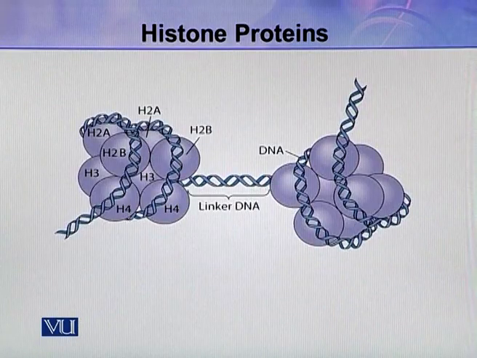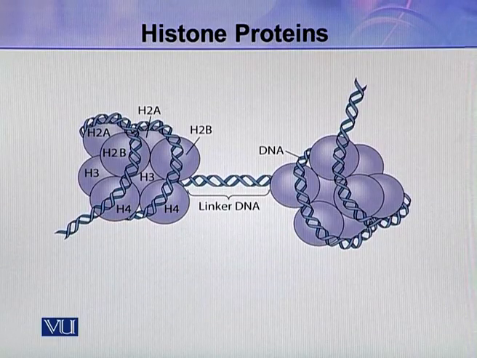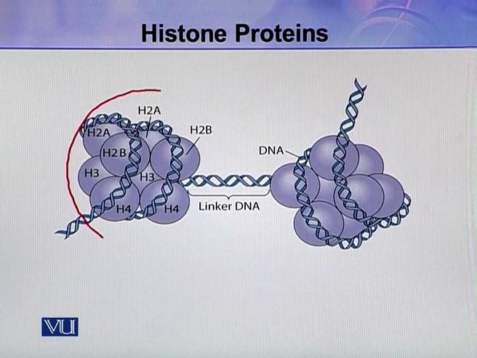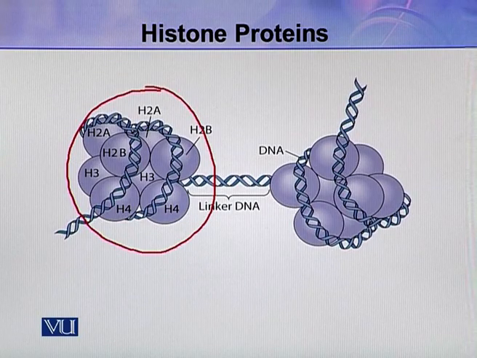Here you can see the histones, and this is actually a nucleosome, and in this nucleosome there are 9 molecules of histones. Here you can see H2A, H2A, these two are H2A, these two are H2B, these 2 molecules are of H3, and 2 molecules of H4.